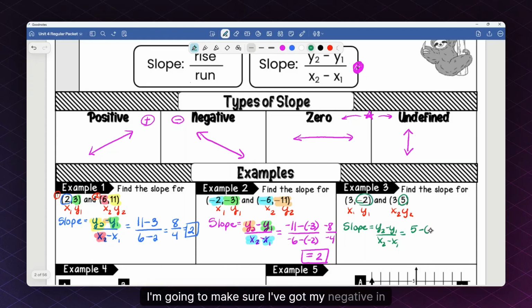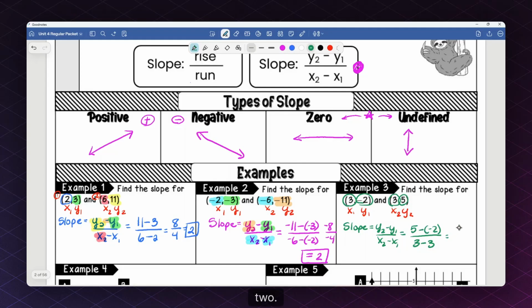I'm going to make sure I've got my negative in there, put a parentheses around that. x2 is this 3 minus my x1 is 3. Okay, 5 minus a negative 2 is the same as 5 plus 2. That's 7. 3 divided by 3 gives me 0.